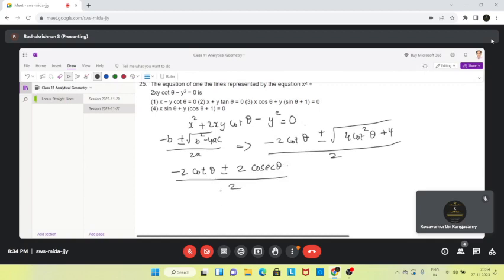So the 2 also gets cancelled out, and what we get is simply minus cot theta plus cosecant theta, minus cot theta minus cosecant theta. These are the two roots.